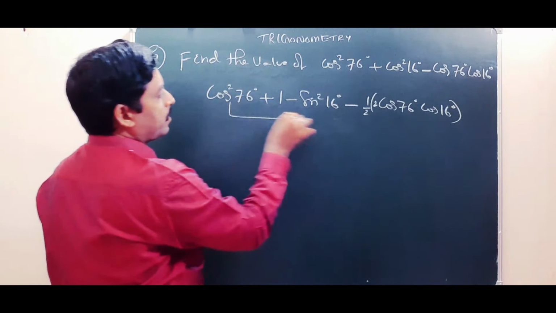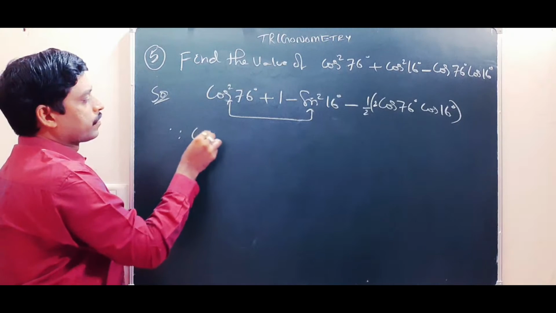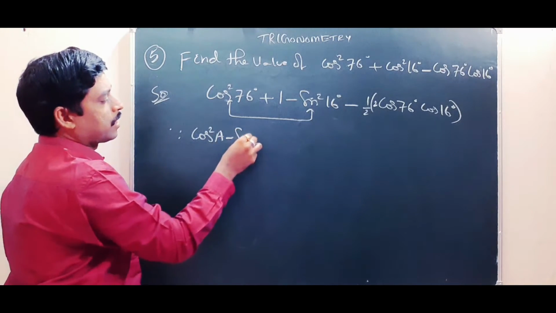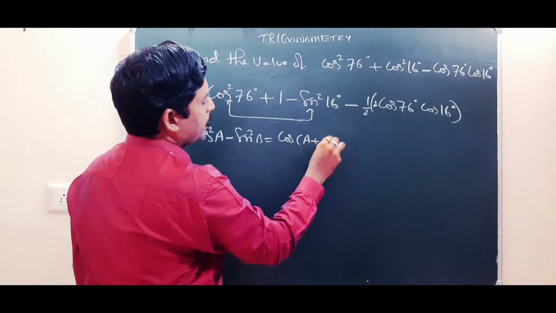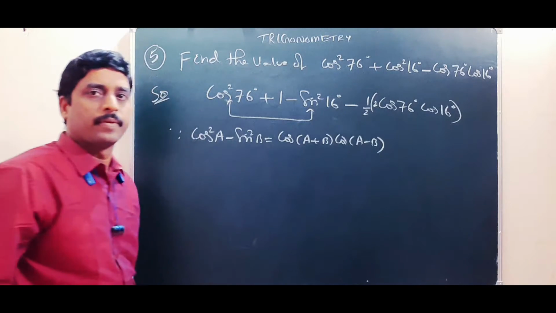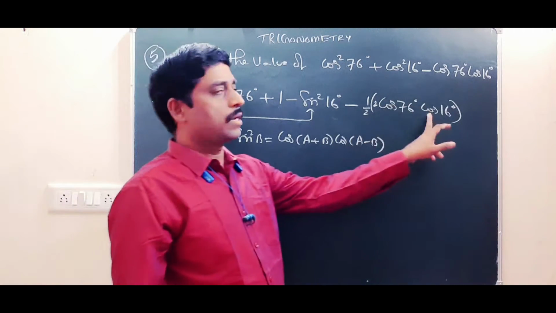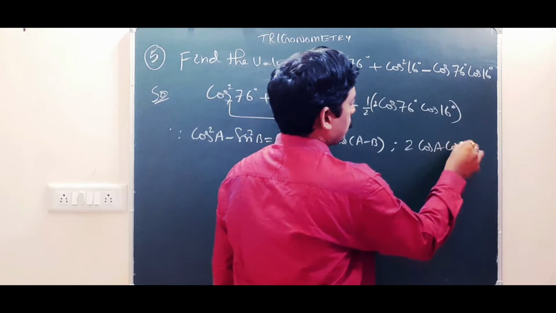So we have the cos square A minus sin square B formula. Cos square A minus sin square B equals cos(A plus B) into cos(A minus B). Then the 2 cos A cos B formula.